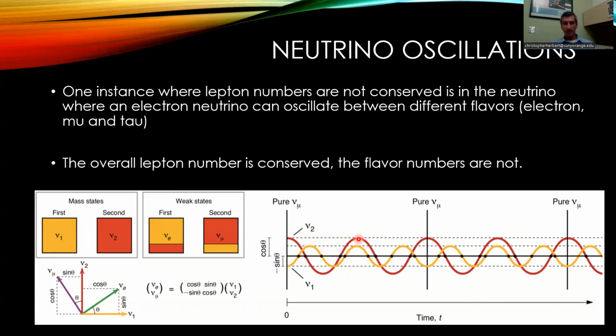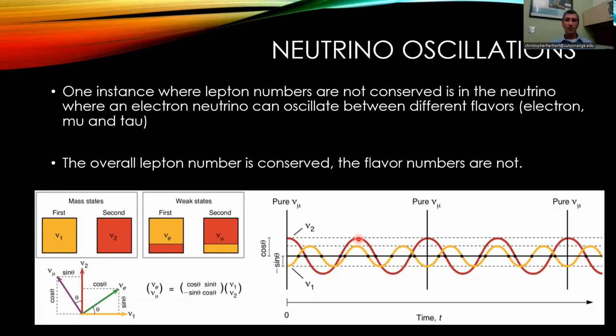oscillates out of phase with that. So long story short, I guess the easiest way I can explain this is the electron neutrinos that are being created will oscillate in flavor and at some point become a mu neutrino, a muon neutrino, which will pass right through our detectors, which are only designed to detect the electron neutrinos.